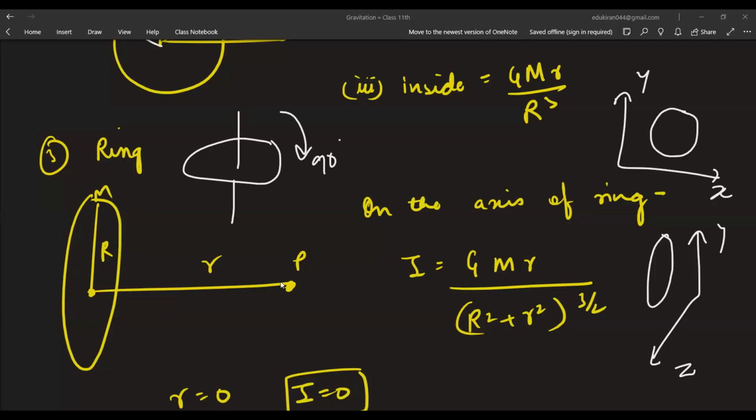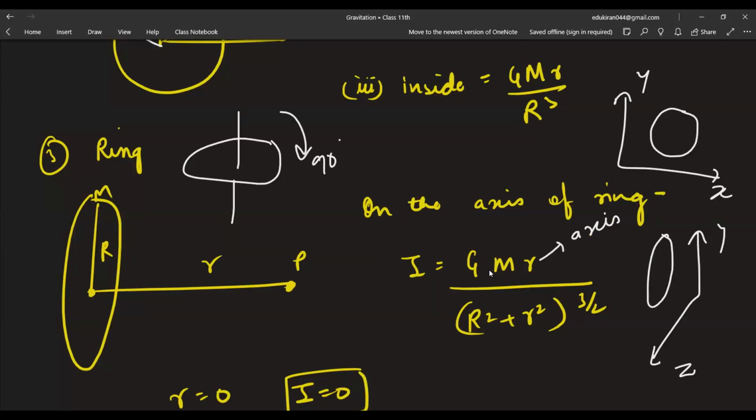So this is basically the axis I am referring to, point P, and this separation is small r, and this is the radius, capital R, of the ring. And the ring has a mass m. So the formula on the axis of the ring is going to be G, mass of the ring, small r, the axis, divided by capital R square plus small r square to the power 3 by 2.